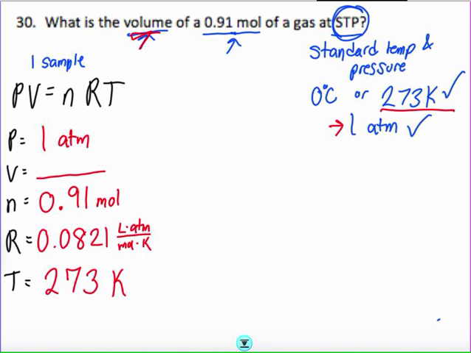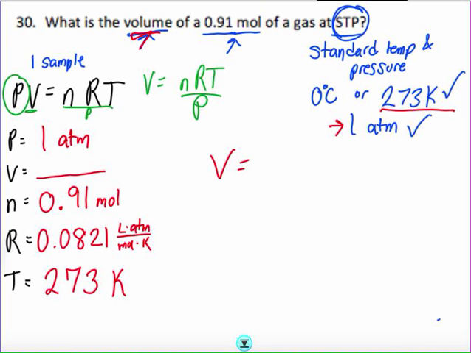Now, if we need to solve for V, we have to move this P to the other side of the equation. So if it's multiplied here, you're going to divide here, and the equation becomes V equals nRT over P. Now we have our equation, and we just have to plug things in.